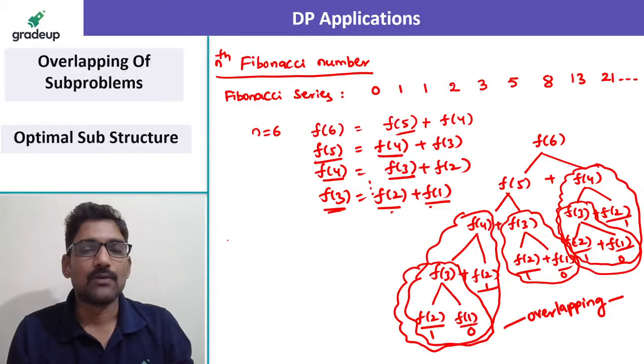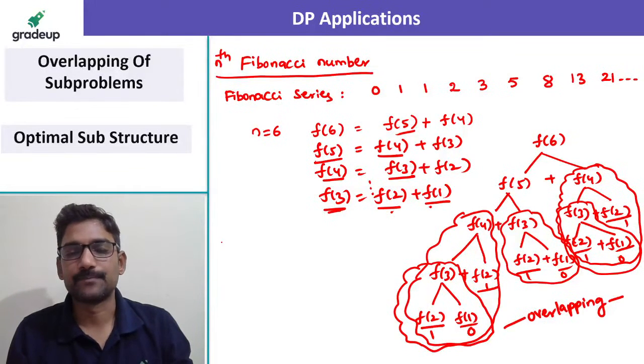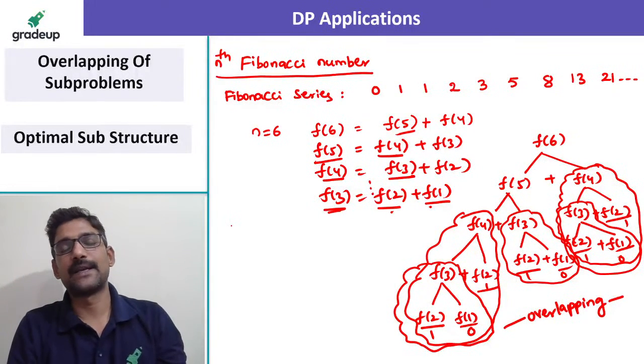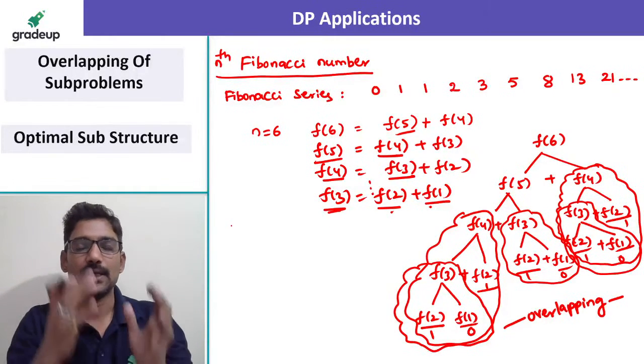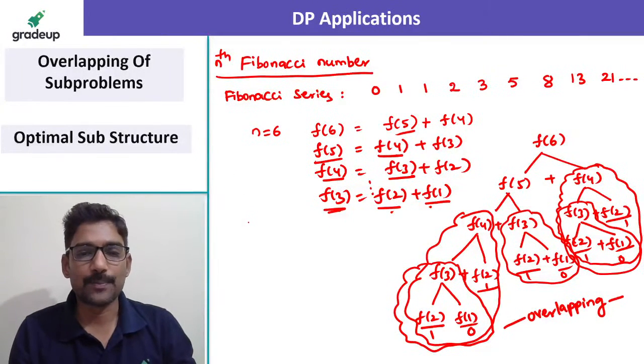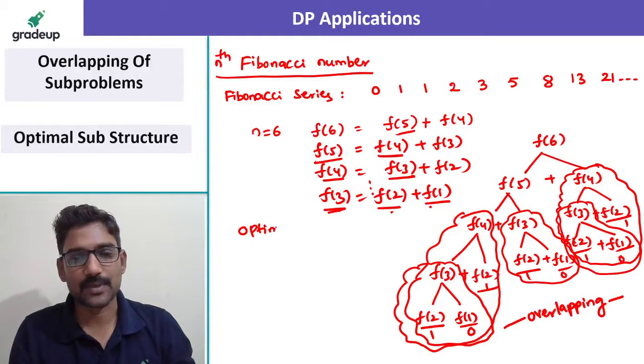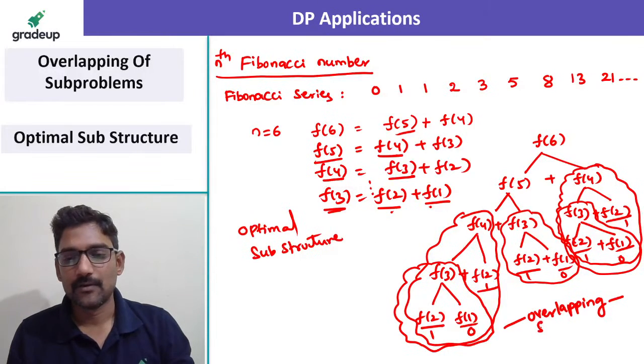So, when one subproblem solution is used in finding another subproblem solution, we can say this is the optimal substructure property. In the simple sense, with this example, we can understand.